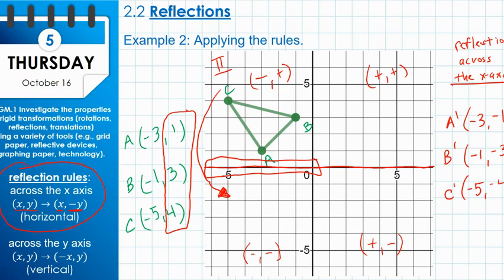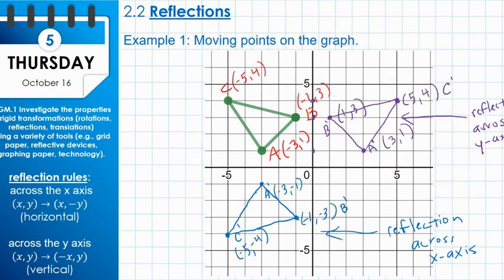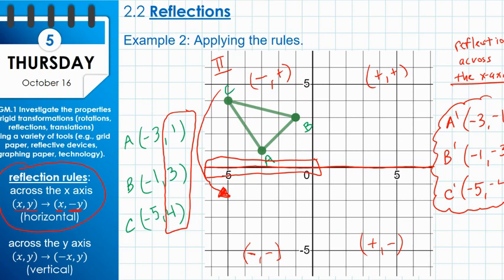If we're going from quadrant 2 to quadrant 3, both coordinate points should be negative. Here, both coordinates are negative. So we know that we should have done something right. If we look back at the previous example, -3, -1 for A, -1, -3, -5, -4, we know that it was done properly.